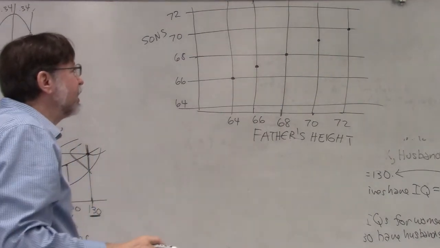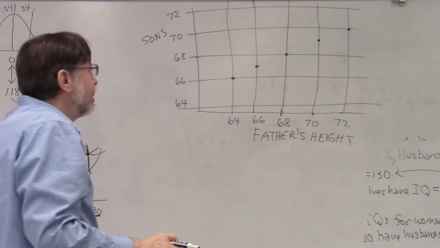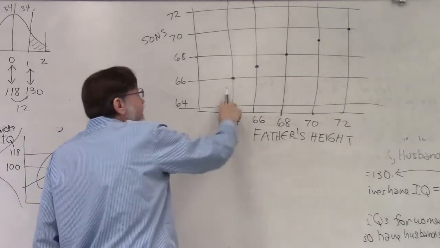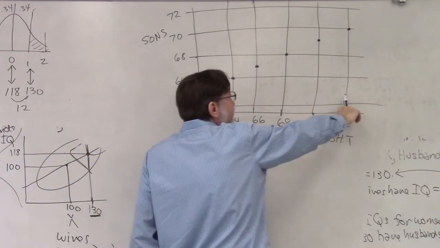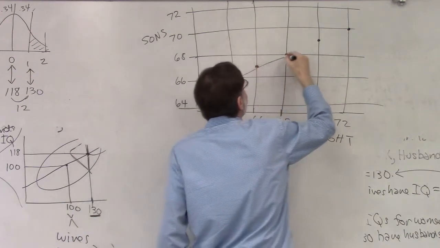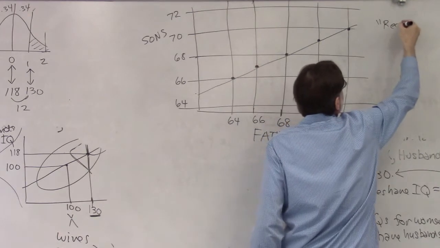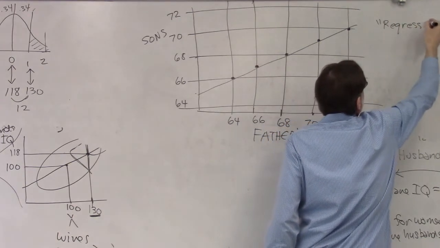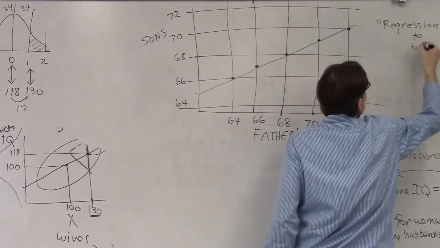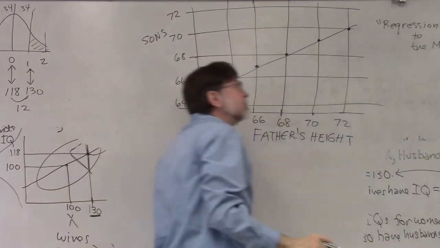People are going to all end up the same height because the sons of short fathers are taller than their fathers, and the sons of tall fathers are shorter than their fathers. So he drew this line in, and it gets called the regression line, because it was regression to the mean.